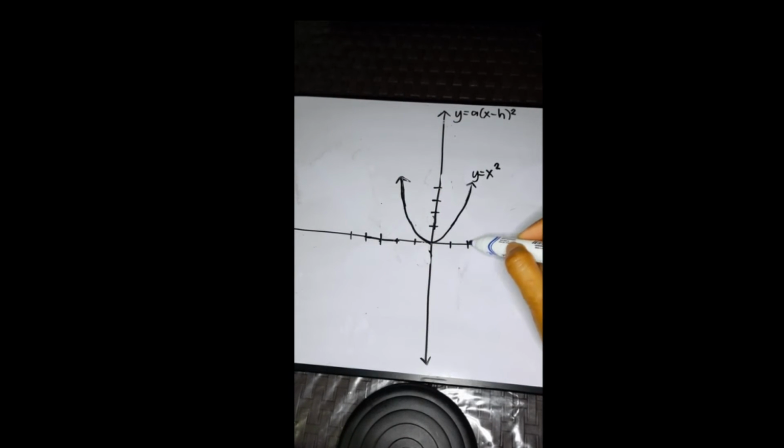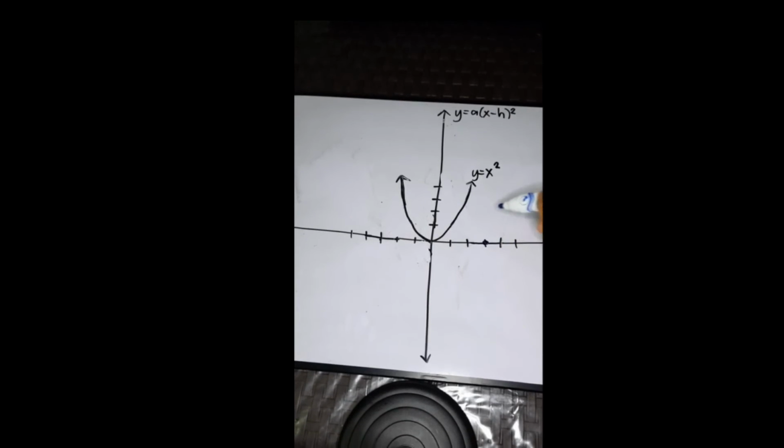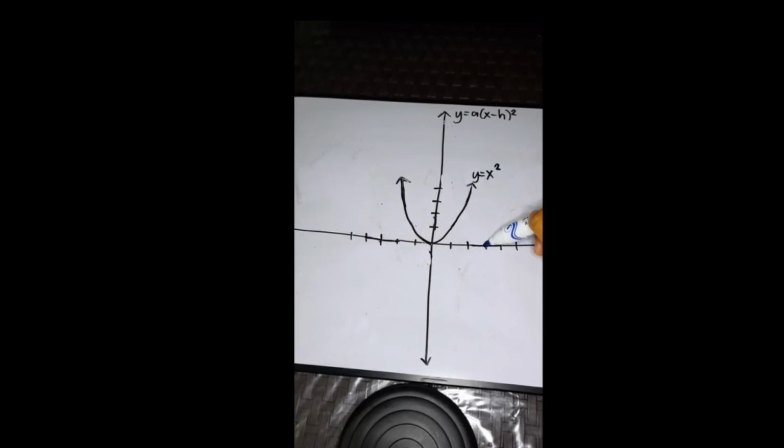So therefore, we have 1, 2, 3. Andito na yung vertex natin. Okay? So therefore, if this is our vertex, that means ito na yung magiging axis of symmetry natin. So from 0, 0 na vertex, it will now become 3, 0.